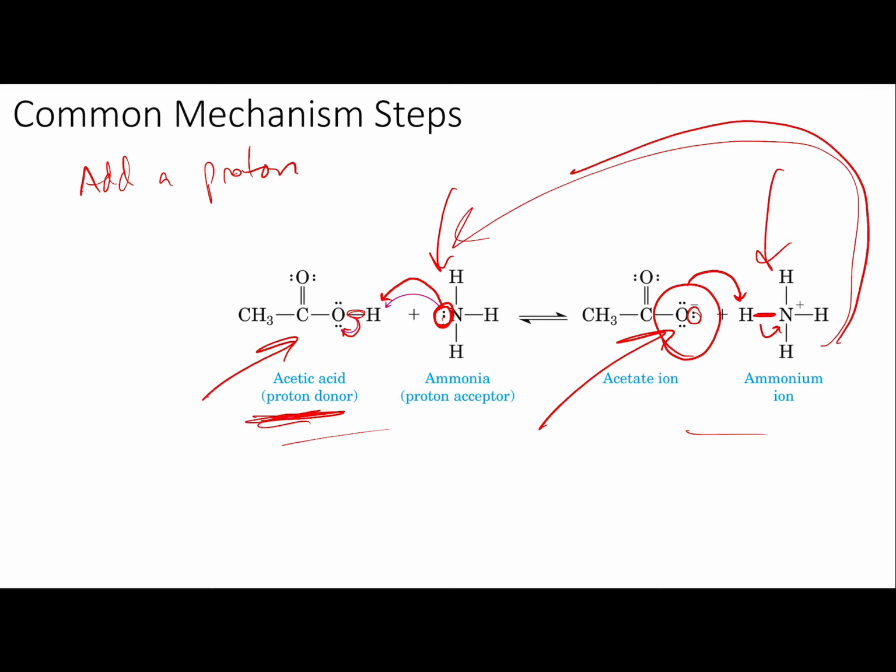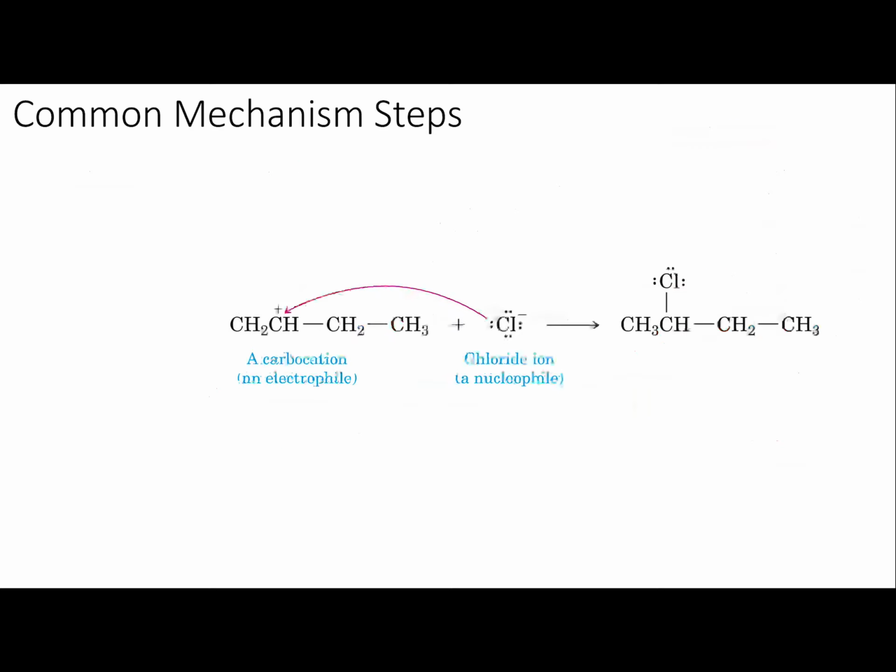In the backwards reaction here, the ammonium is the proton donor. This is actually the conjugate acid. This is the conjugate base, if you remember that stuff. There's another mechanism step, pattern 3, and this is what we call electrophiles and nucleophiles. An electrophile is an electron poor species.